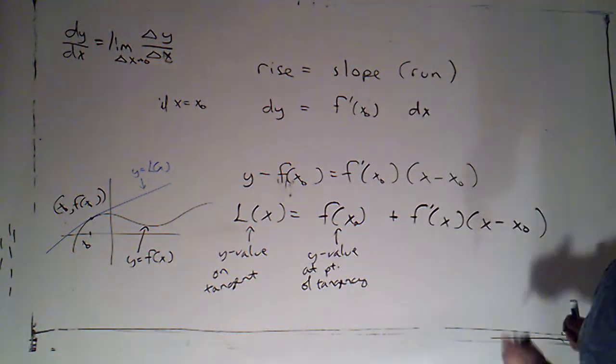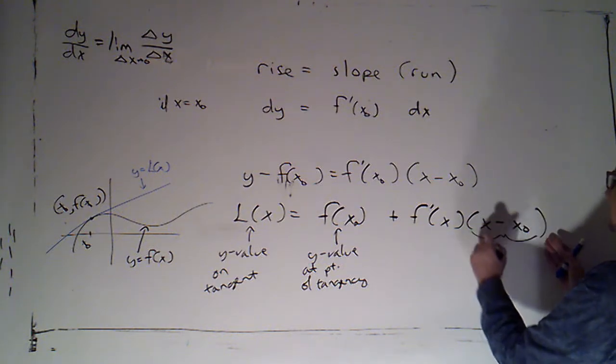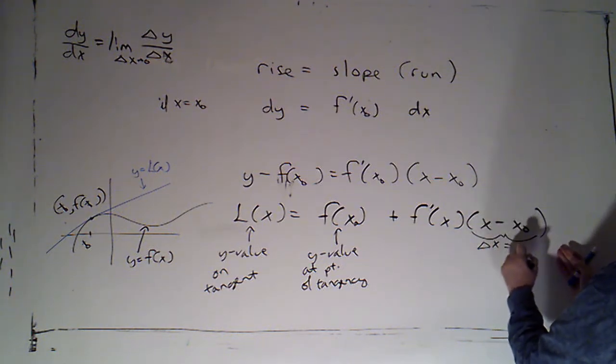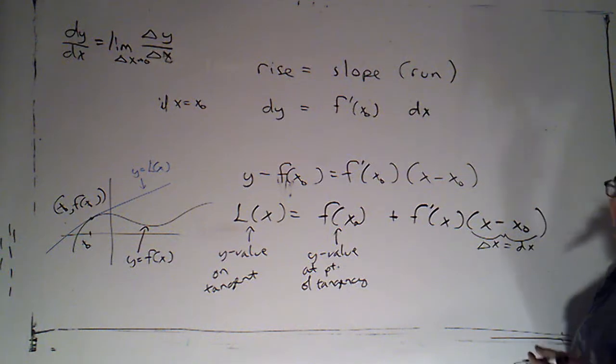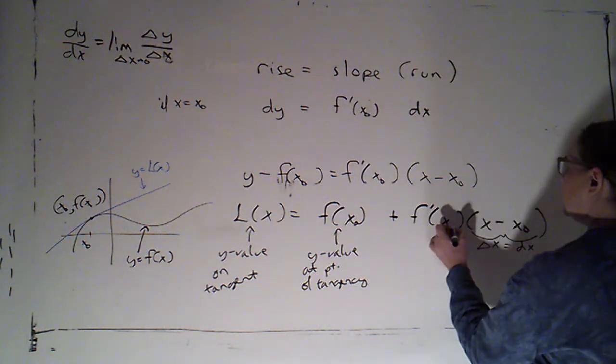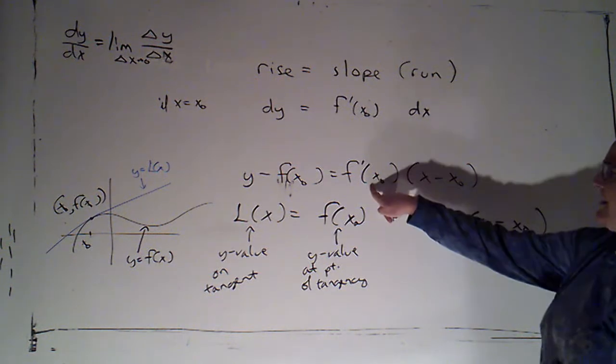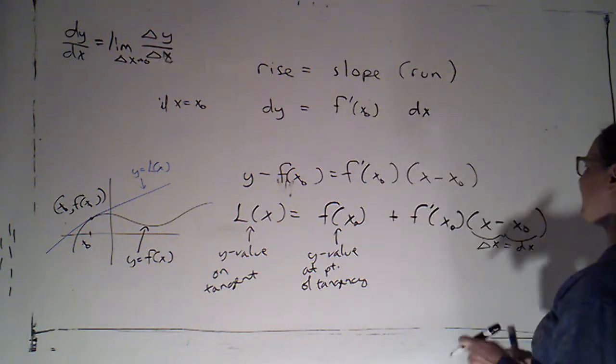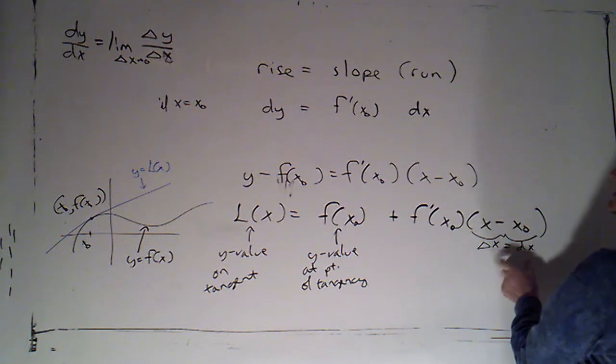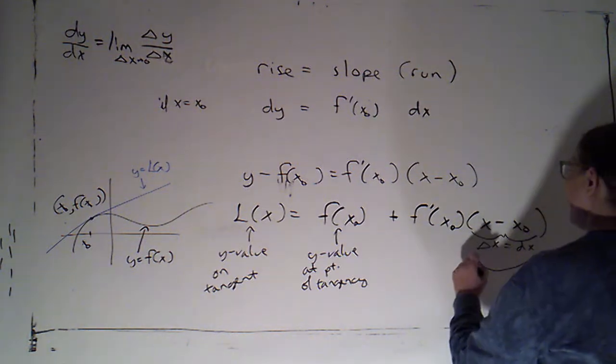And then let's look at what this is. x minus x naught, that would be my delta x, which I usually choose to set equal to dx. Oh, I'm so sorry, I wrote f prime of x when I meant to write f prime of x naught. f prime of x naught times dx, that's my dy.